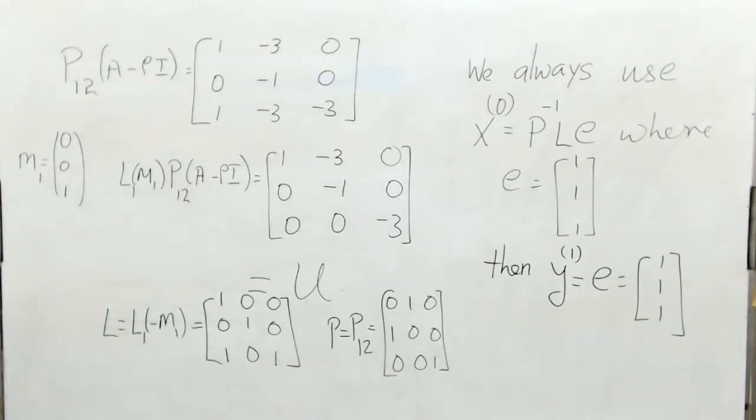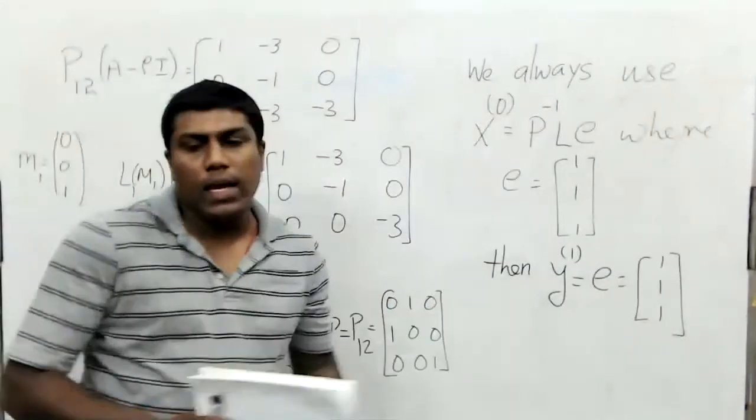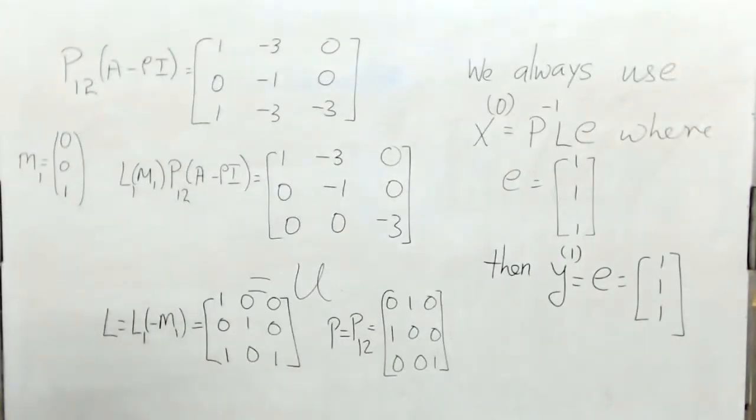If you put x naught is equal to P inverse L times E, then you can easily see that y1 is equal to E.